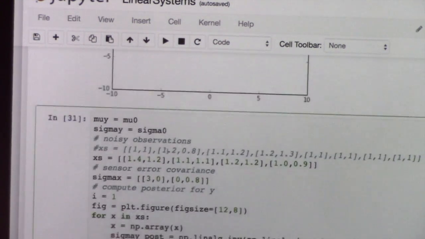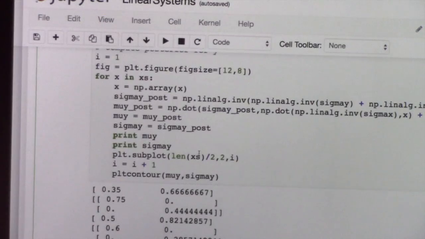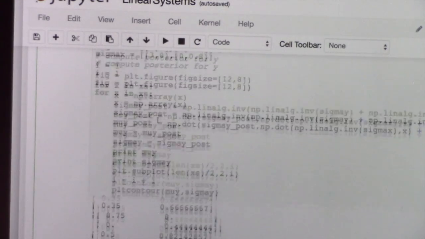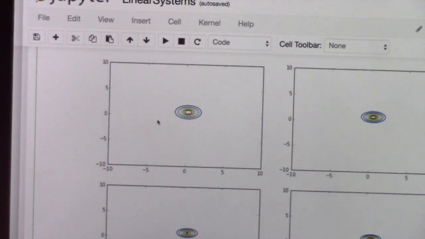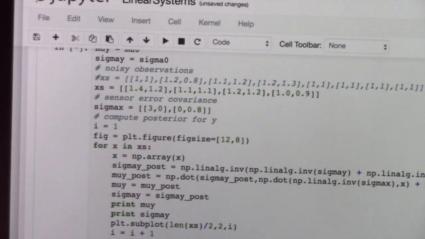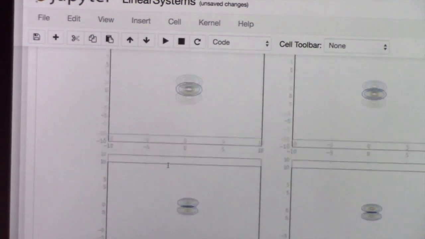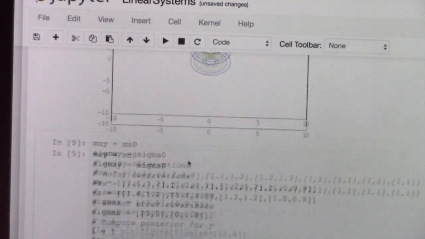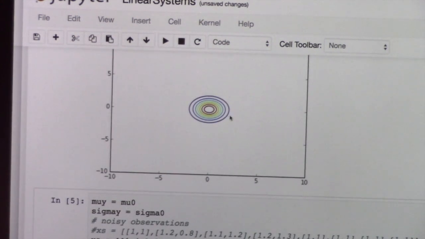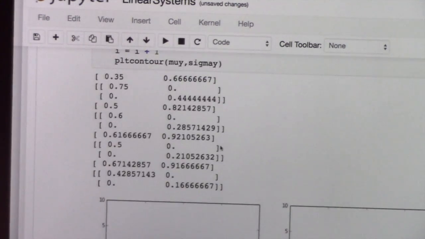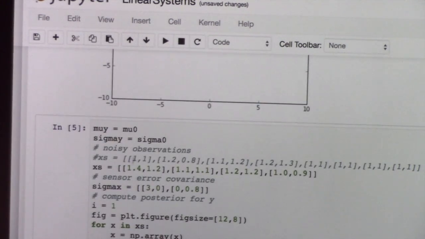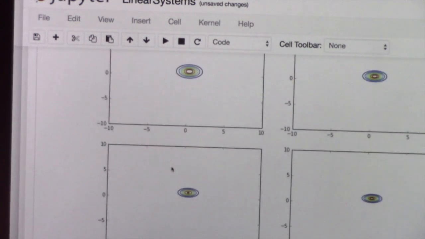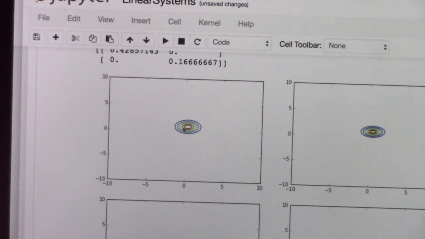Then we make some noisy observations, and we apply those formulas here, and every time we update our estimate. If I run this here, initially you assume that your y is over here. After you see the first observation x, which is let's say 1.4112, the distribution will move.